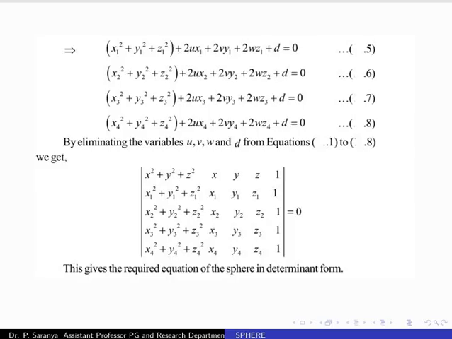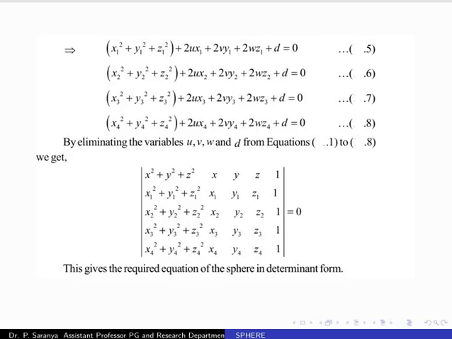the determinant with rows: x square plus y square plus z square, x, y, z, 1; x1 square plus y1 square plus z1 square, x1, y1, z1, 1; x2 square plus y2 square plus z2 square, x2, y2, z2, 1; x3 square plus y3 square plus z3 square, x3, y3, z3, 1; x4 square plus y4 square plus z4 square, x4, y4, z4, 1.